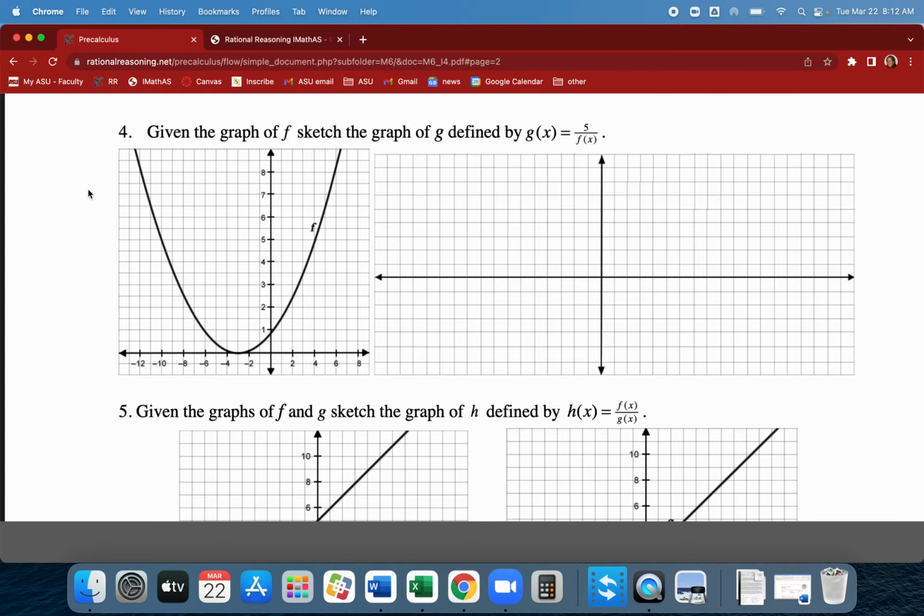Maybe start by thinking, when would this reciprocal not be defined, if anywhere? And then what sort of values would be their own reciprocal? And where would the function be otherwise?